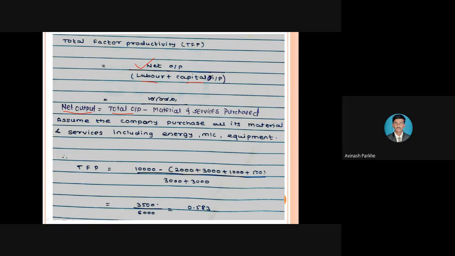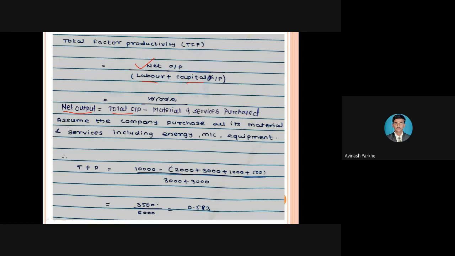Please understand the difference between net output and total output. Total output means whatever is mentioned in the statement of the problem, 10,000, but net output is equal to total output minus material and services purchased. Out of the 5 input resources, the purchasable resources we have to subtract from the total output.